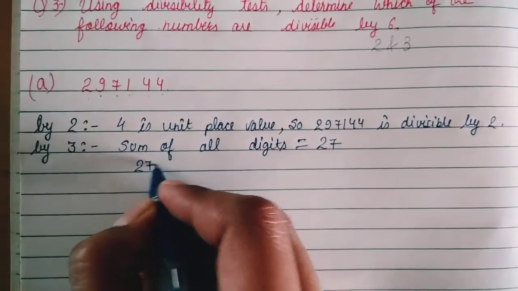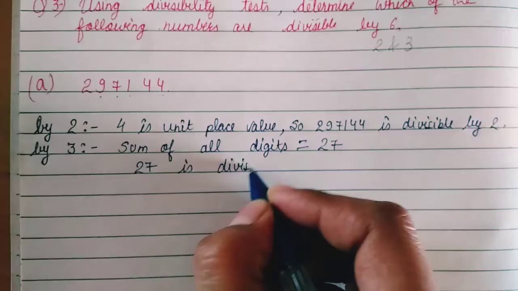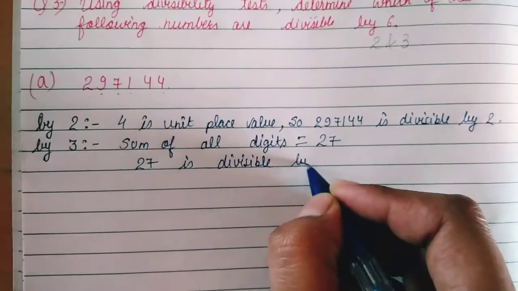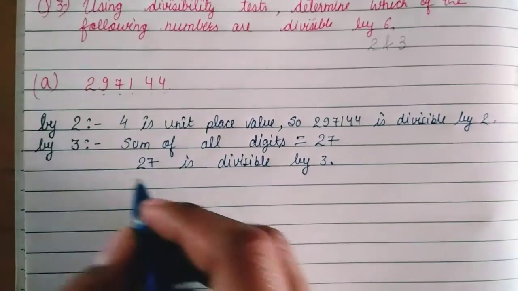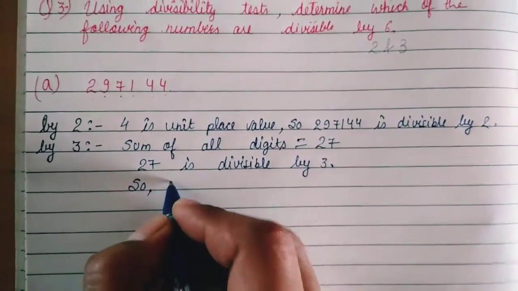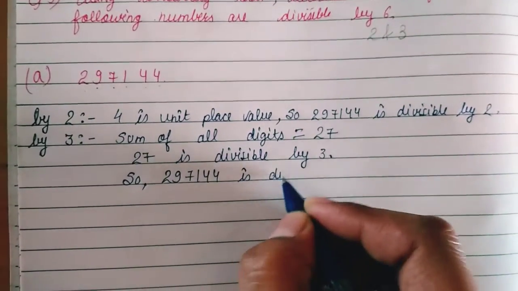And this sum of all digits, which is 27, is divisible by 3. If the sum of all digits is divisible by 3, so we can say 297144 is divisible by 3.